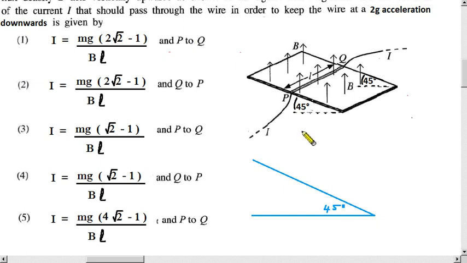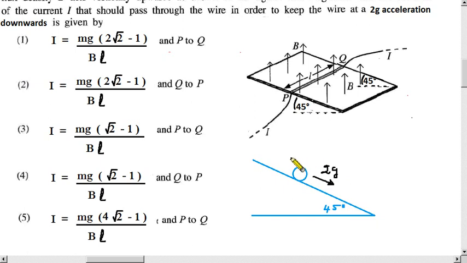The cross section of the wire we can see like this, when we watch from this side. So what we need, there should be an acceleration downwards equal to 2 times g.